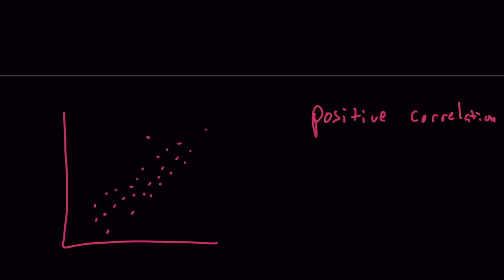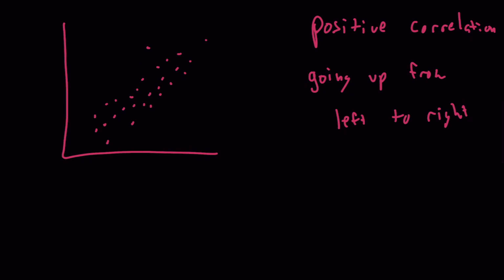And this basically means it's going up from left to right. So we call this a linear correlation to be typical about it, but this is a positive correlation.